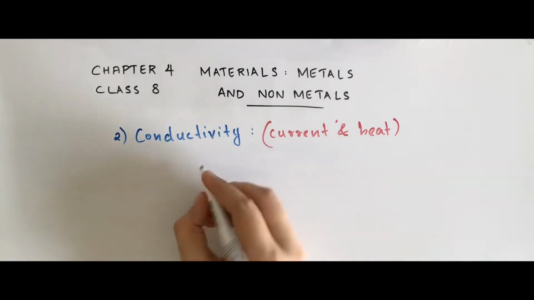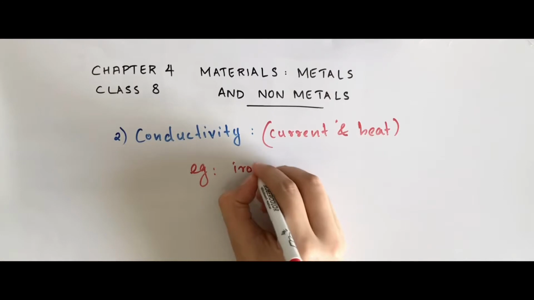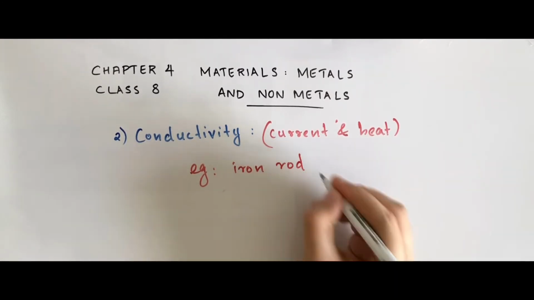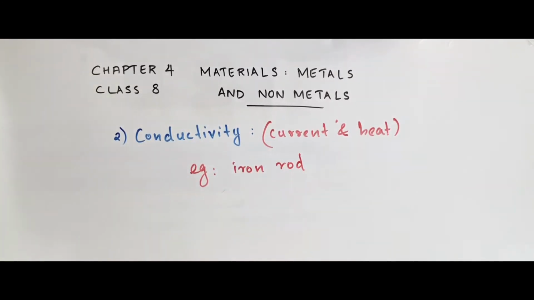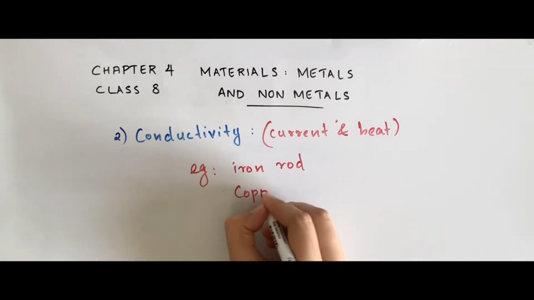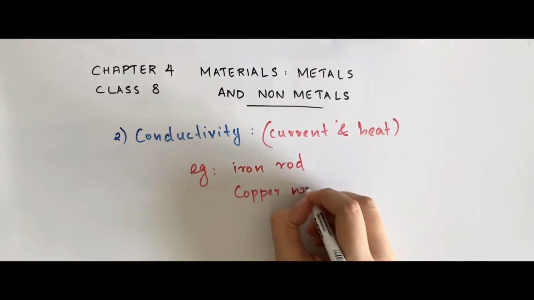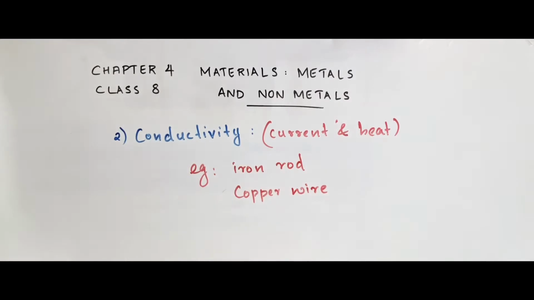A very common example is iron itself, or an iron rod can be taken as a good example. This allows easy passage of current as well as heat. The next example is copper wire, which is widely used for wiring purposes. It also allows current and heat to pass through. That's why it is used for electrical purposes. So these are good conductors of electricity.